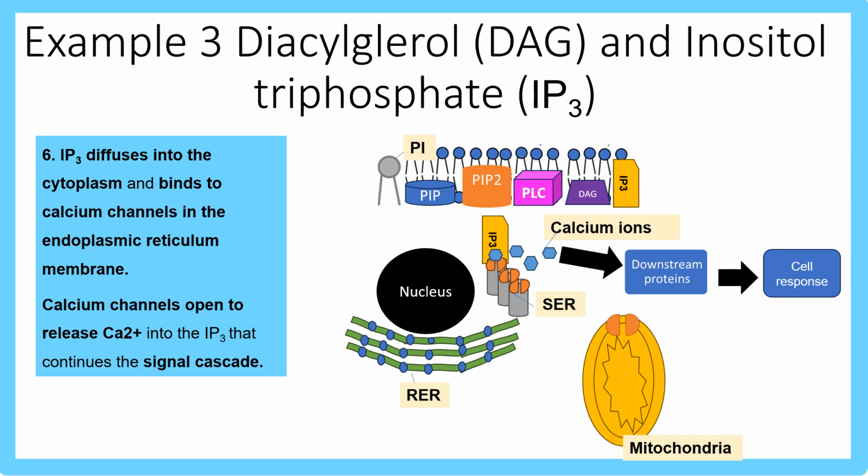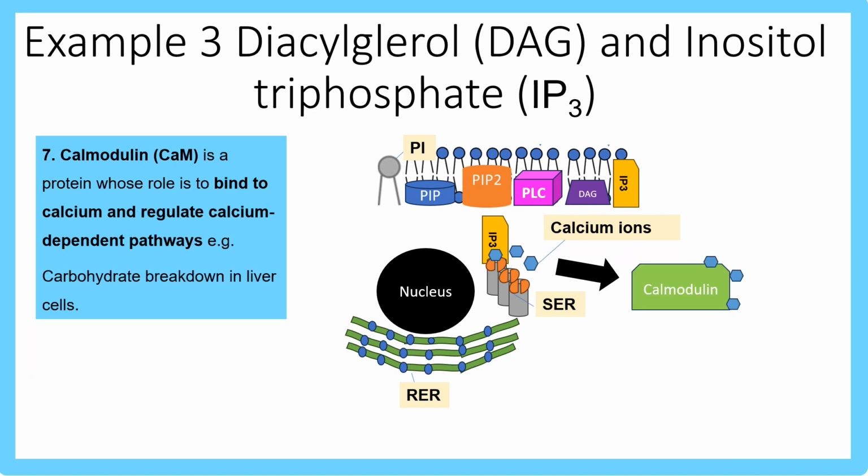This is what continues what we call a cascade, so activation of the downstream proteins to cause a cellular response. So as you can see over here, IP3 is a secondary messenger, but it also interacts with other secondary messengers such as calcium ions in order to transduce a signal. Now, calmodulin, CaM, is a protein whose role is to bind to calcium.